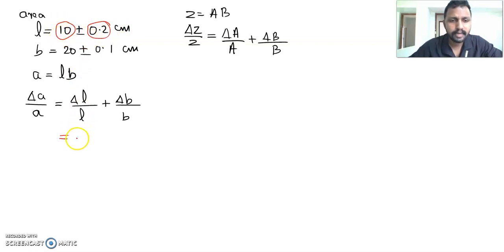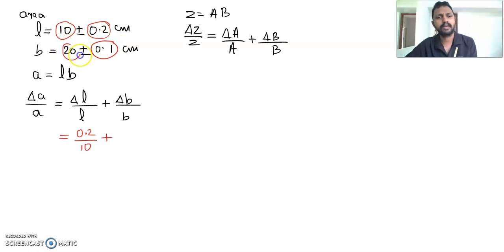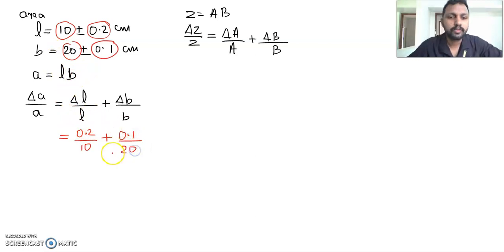Therefore, delta L by L is 0.2 divided by 10, plus what is delta B? Delta B is 0.1 and B is 20. Therefore, delta B by B is 0.1 divided by 20. Then that is equal to delta A divided by A.